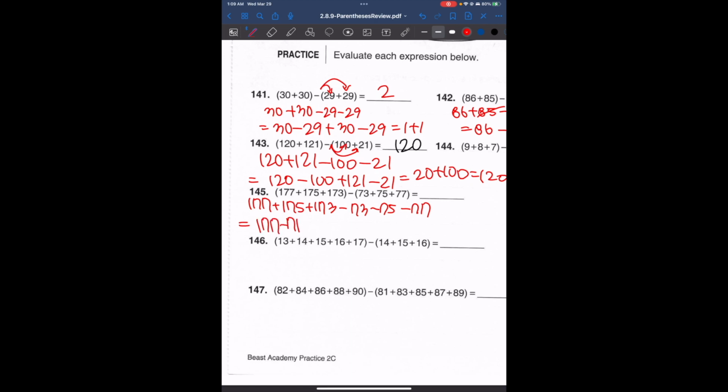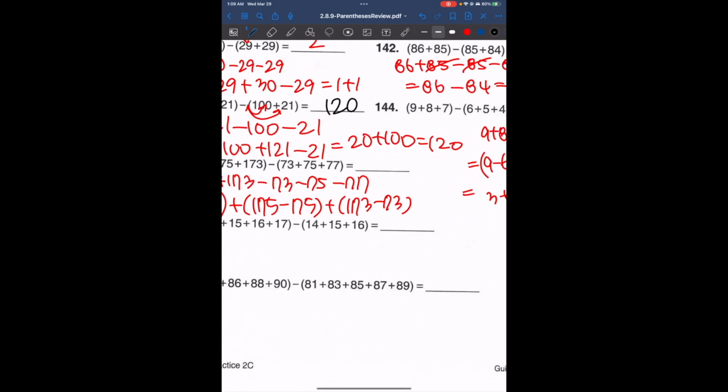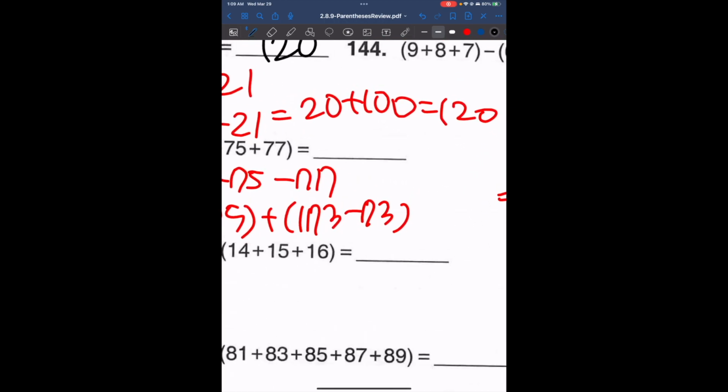So I'll just place the parentheses just in case we get confused. And so that's all basically going to be 100 plus 100 plus 100, which is equal to 300.